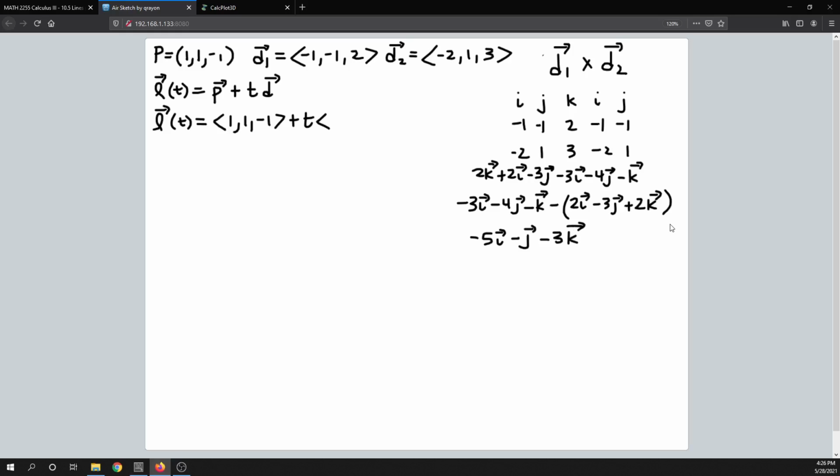And so our vector is going to be (-5, -1, -3). That's our cross product. All right, and so that's the vector that is going to go here for the direction vector.